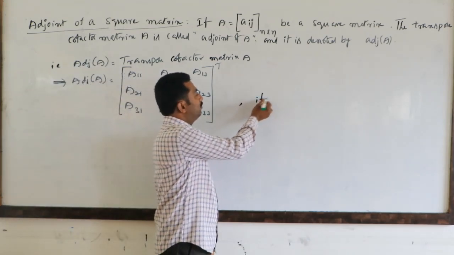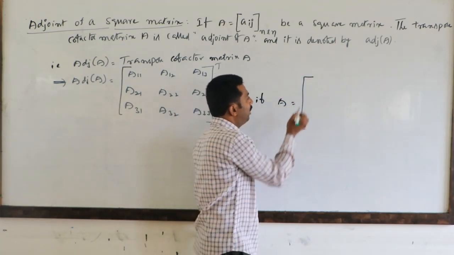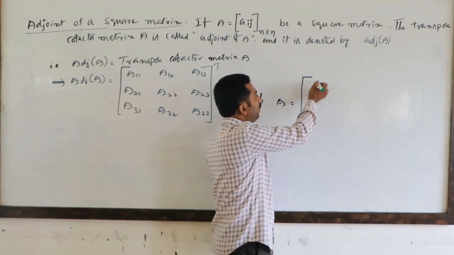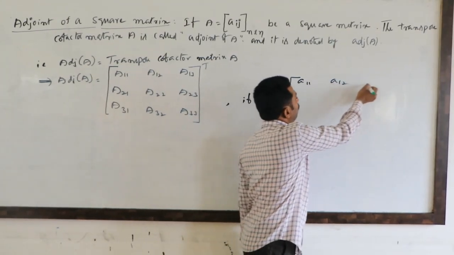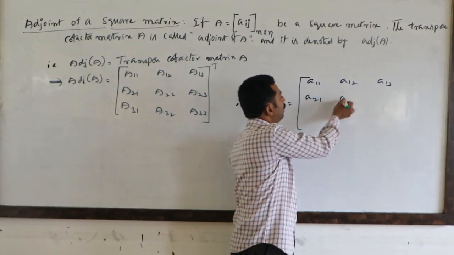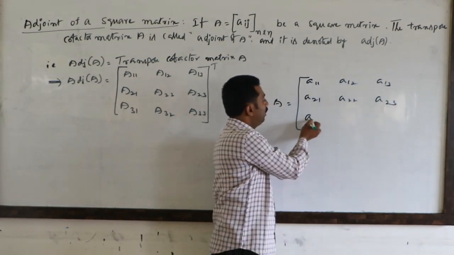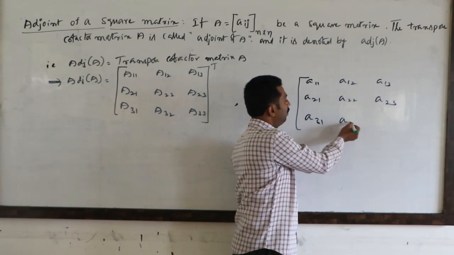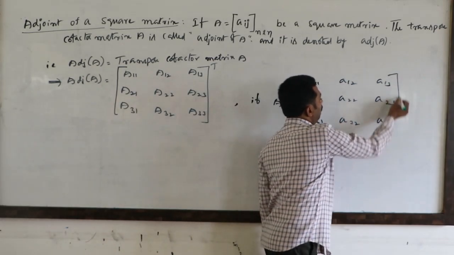So if you observe, if A is a square matrix of order 3 by 3, that is A11, A12, A13, A21, A22, A23, A31, A32, A33.